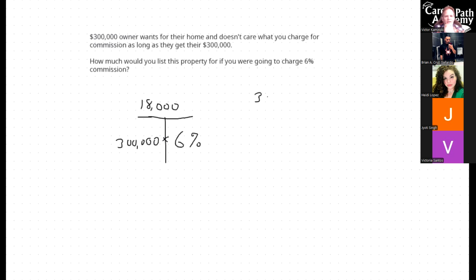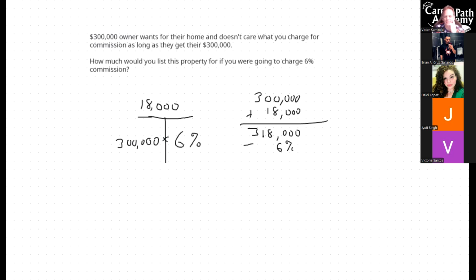Well, if you were going to charge, because if you were to do this, that's $318,000 there now. But now, let's say you sell the property for 318. Subtract your 6%.